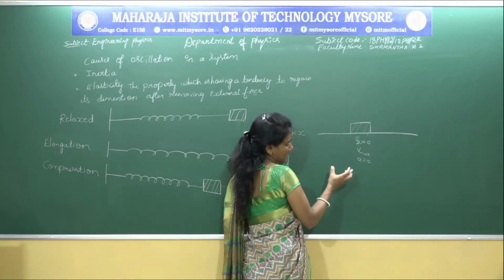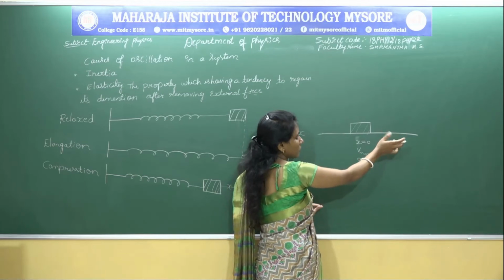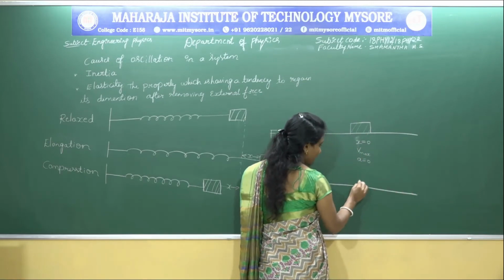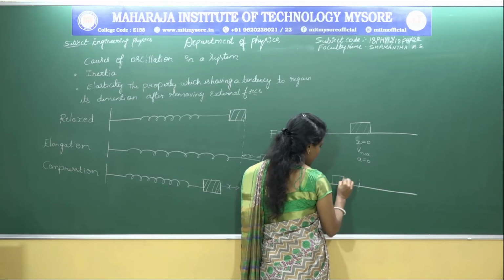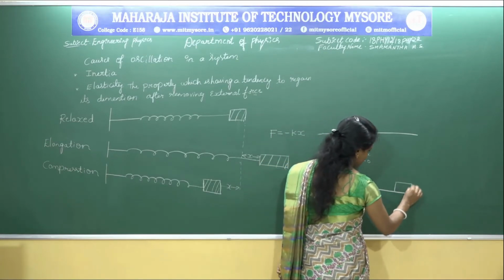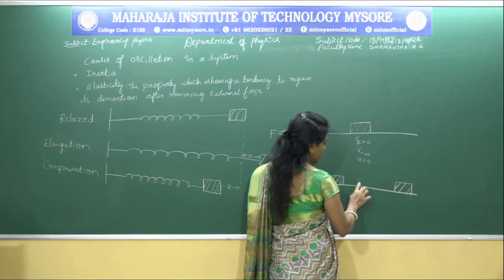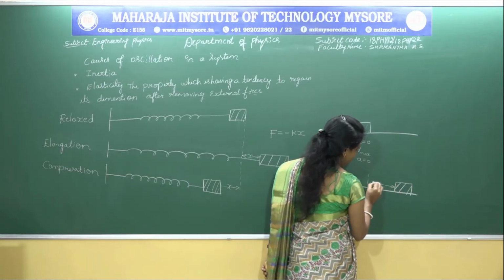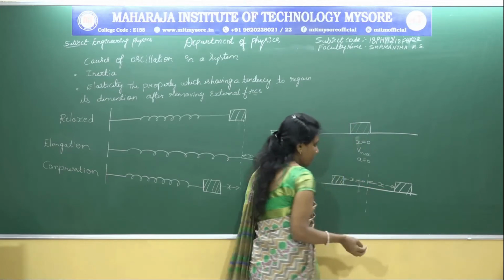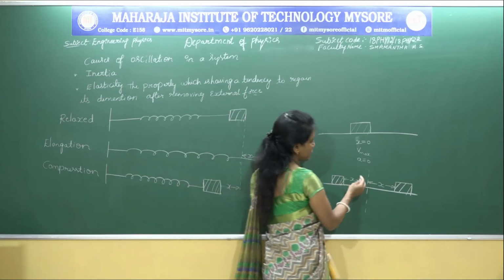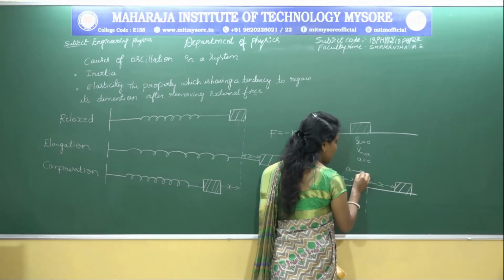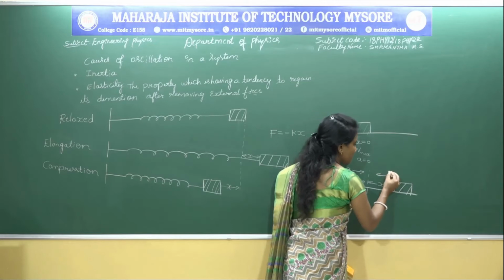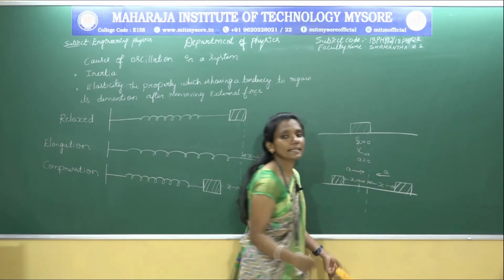But when the body is displaced from the mean point, the acceleration is always directed towards the mean position, whether the displacement is in the negative or positive direction, but opposite to the displacement.